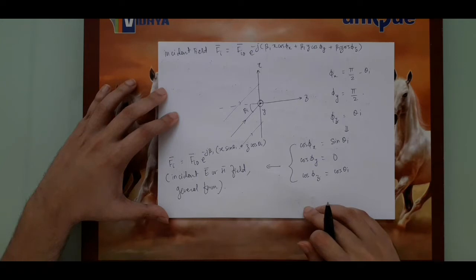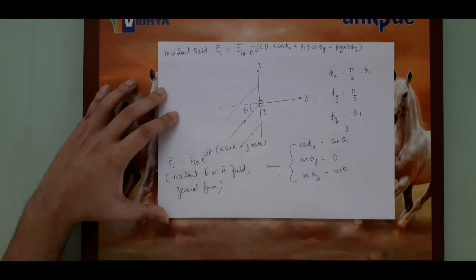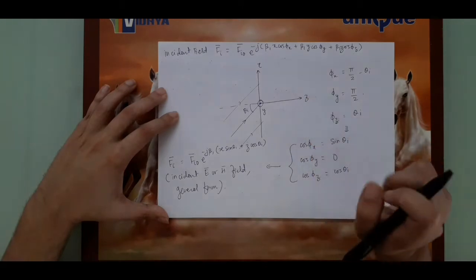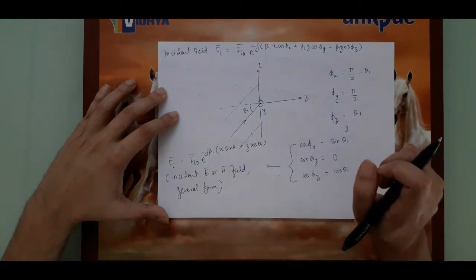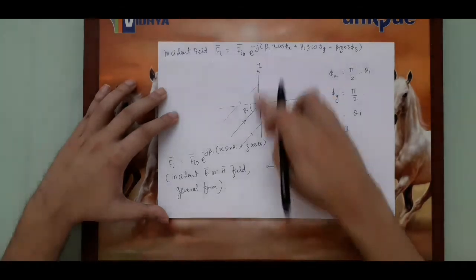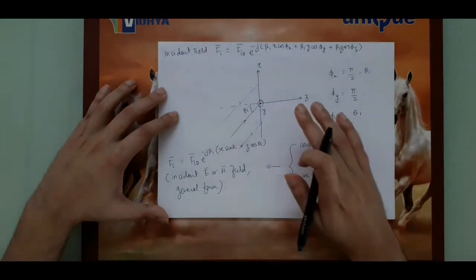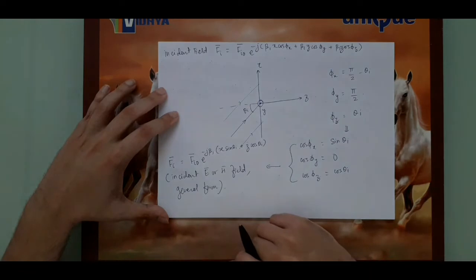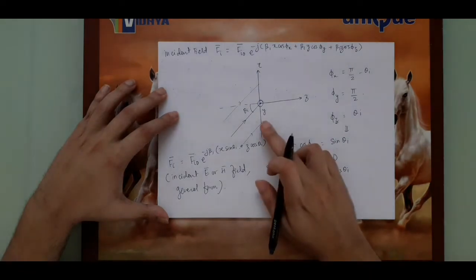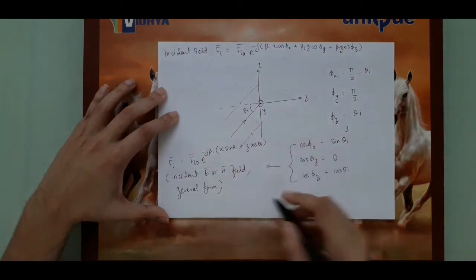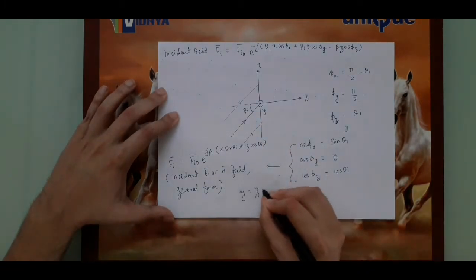But now we can say that at the boundary, since it is orthogonal to both y and z, y and z are both 0.